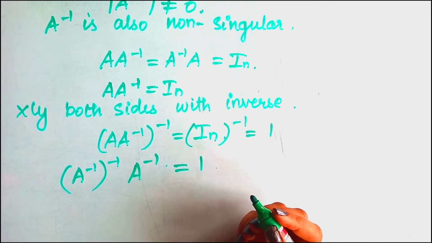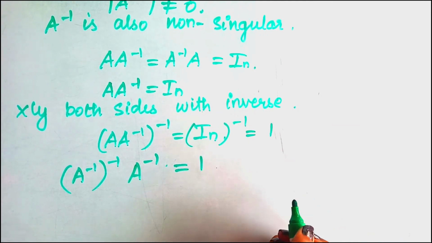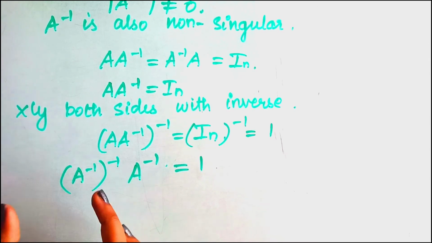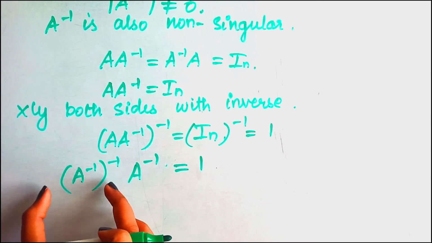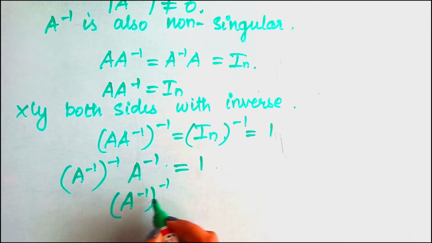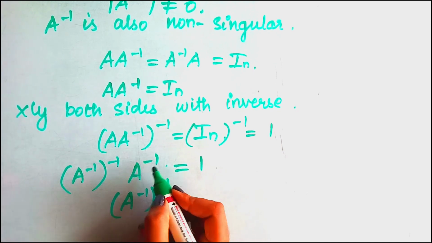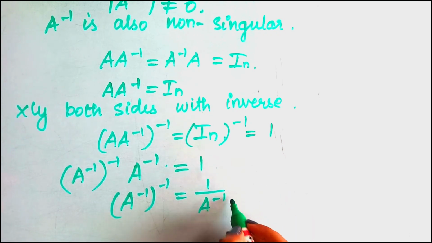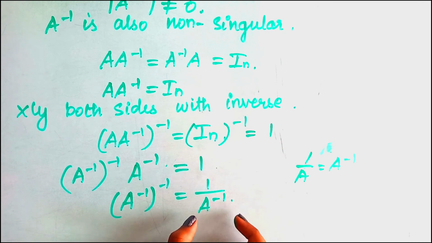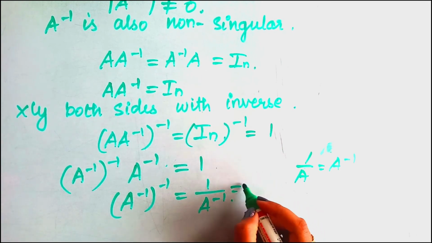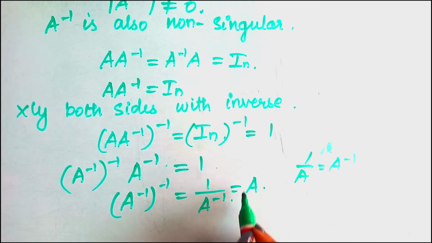So let's put this here, and in our theorem what we have to prove is that A inverse, the whole inverse, is equal to, so on the left hand side we have to leave only this. We leave A inverse, the whole inverse, here, and we take this A inverse to the right hand side, so that you get 1 divided by A inverse. So A inverse is in the denominator, and when we bring it to the numerator, it will become a normal A itself.